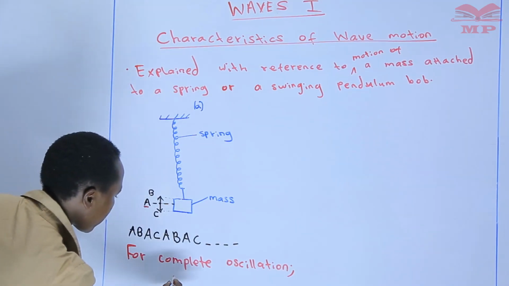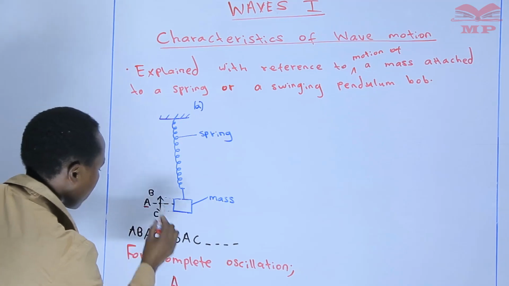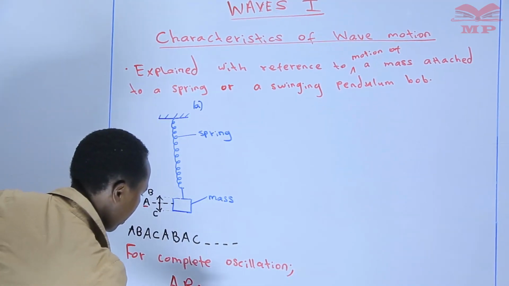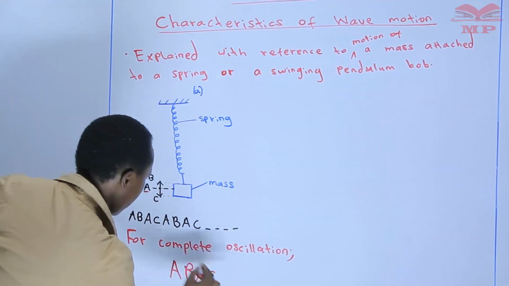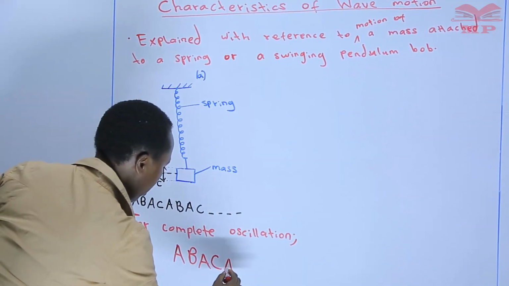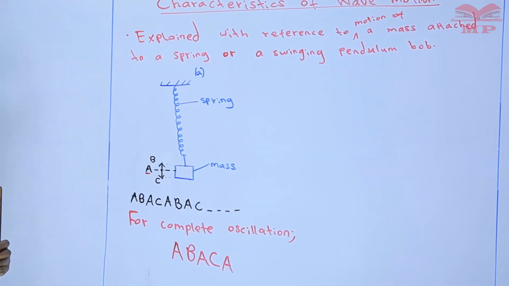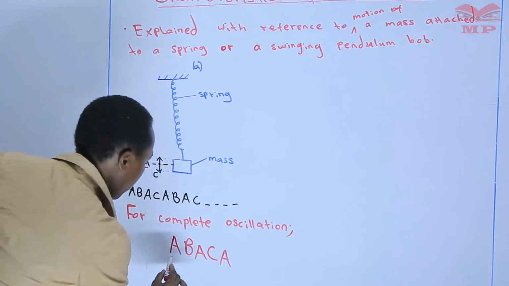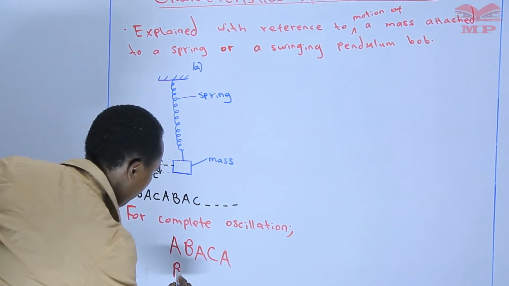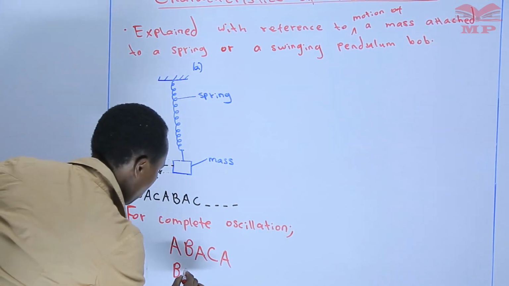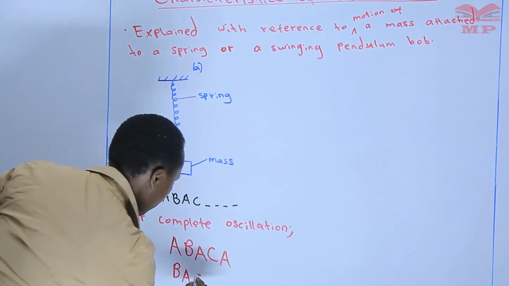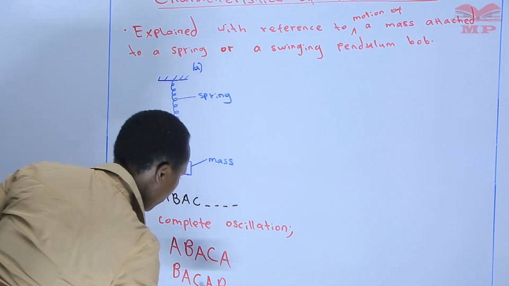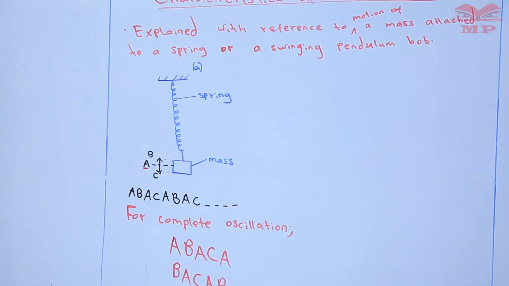So if it is from A, it is going to be A, then B, then back to A, then to C, and then back to A. So that is a complete oscillation. Or if we are starting from B, it can also be B, then it moves to A, then to C, then back to A, and finally to B. That's a complete oscillation.